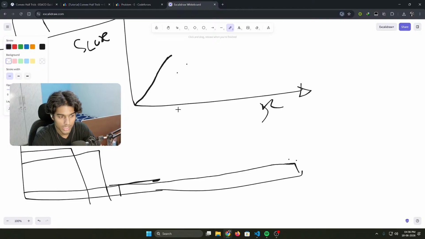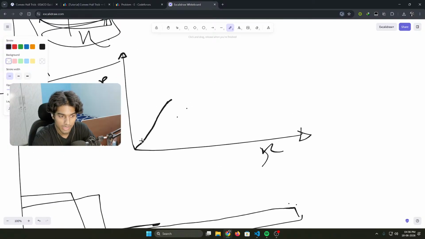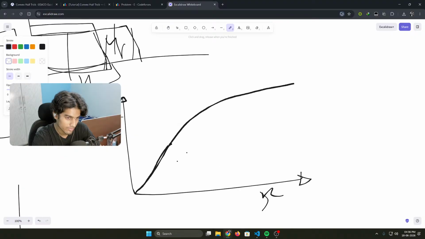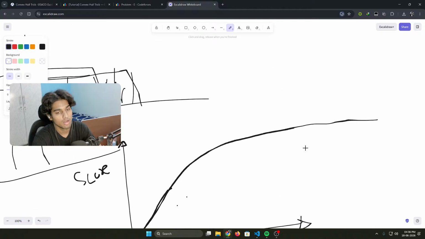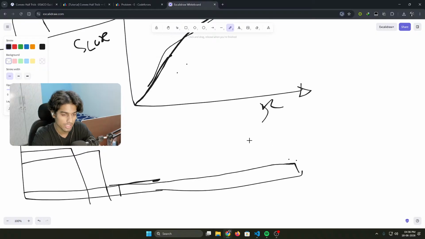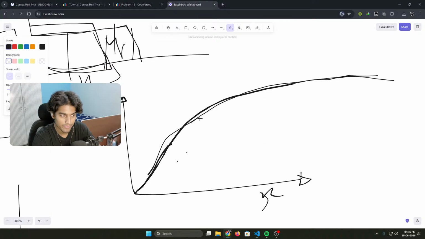Not at all. It will never decrease. It will either be like this or something like this, right? Okay, so this is a convex function, so we can use CHT here. Yeah.